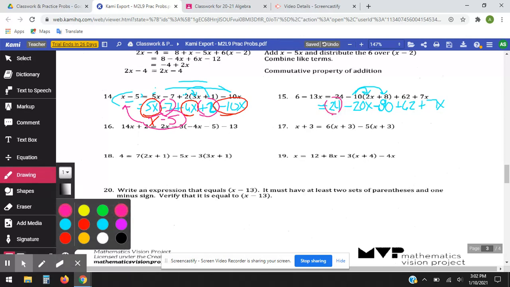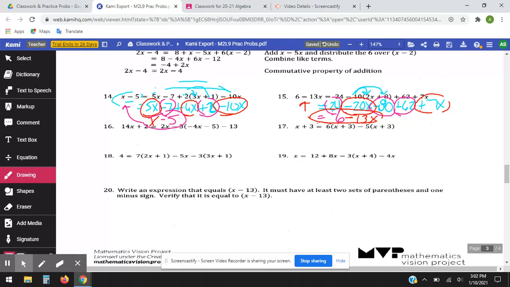So 24 minus 80 plus 62. Well, I'm going to do 24 plus 62 is 86. 86 minus 80 leaves us just 6. And negative 20x plus 7x would give me a negative 13x. And I have just shown these two are equal. So I'll let you do the last couple on your own.